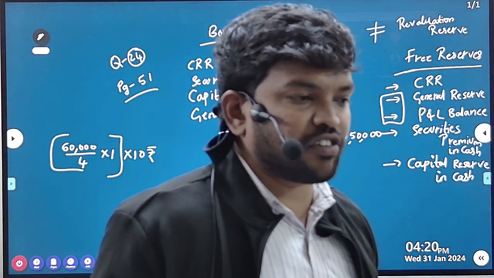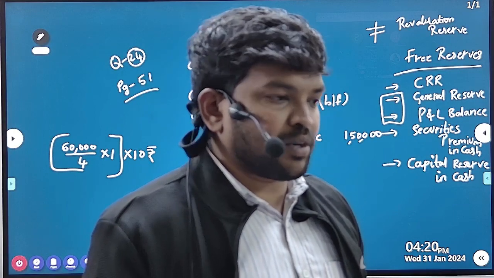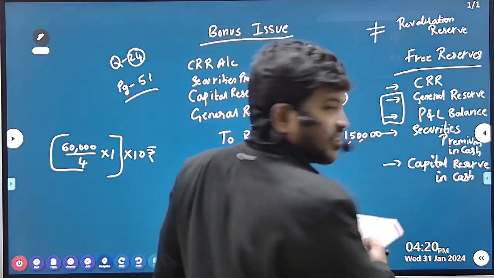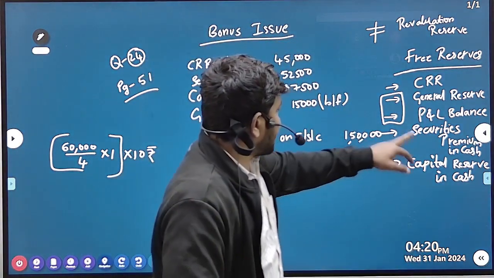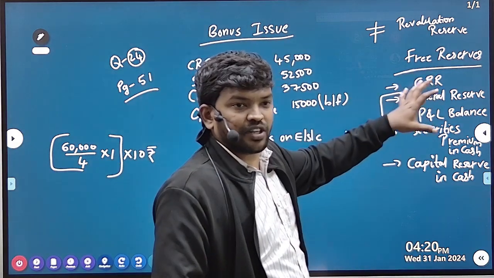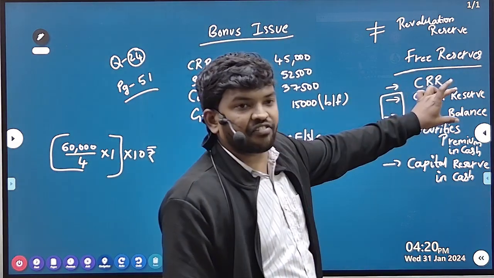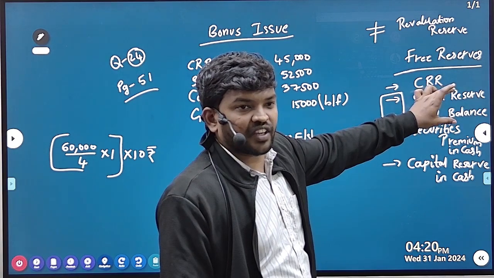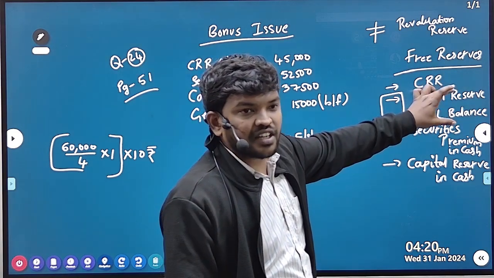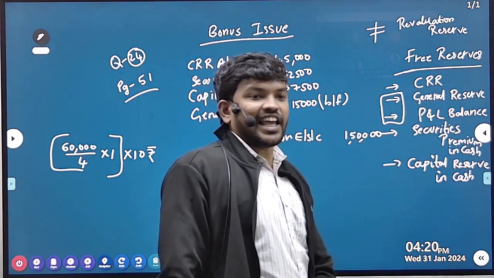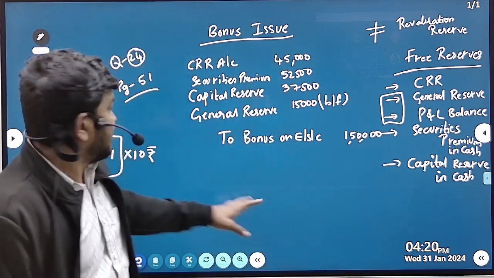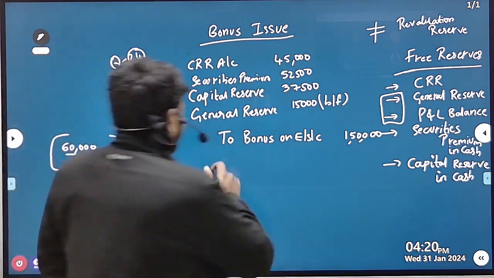You may get it for 4 or 5 marks or 7 marks also. Okay, understanding? So these 3 reserves have a separate, fixed purpose. These are very free, so you have to utilize these at the last.